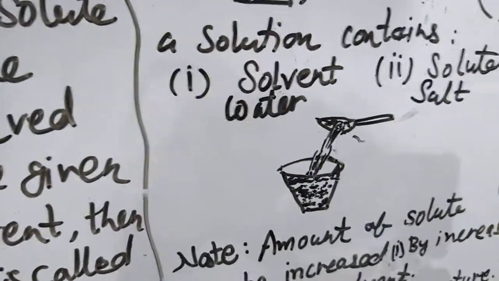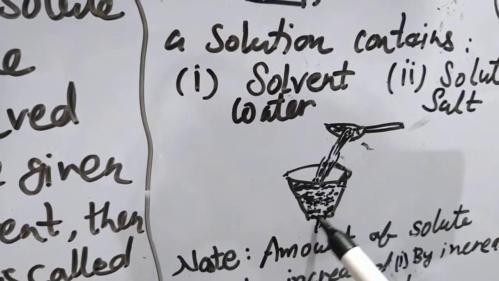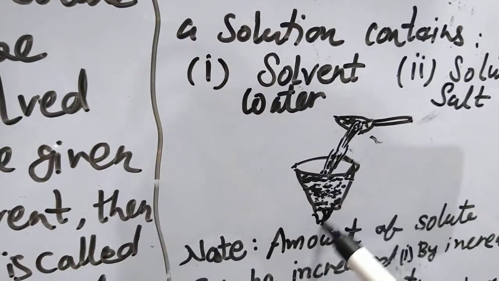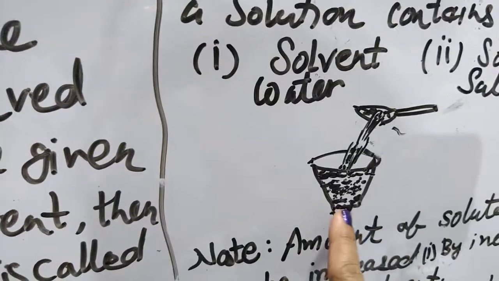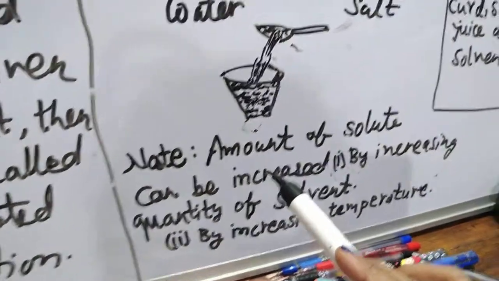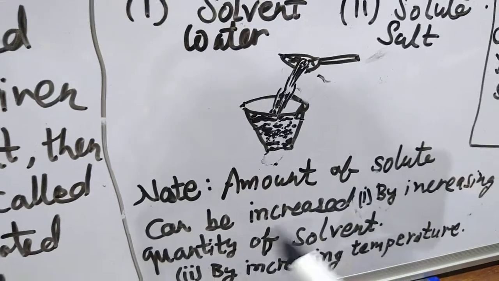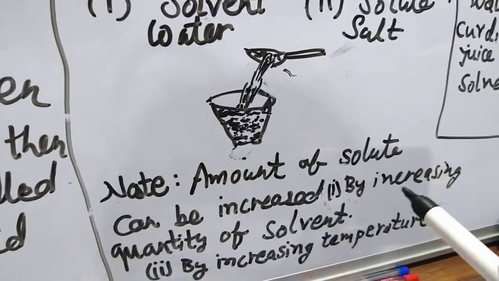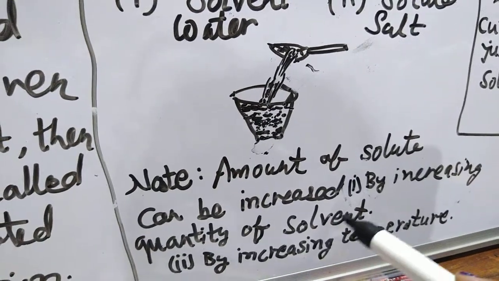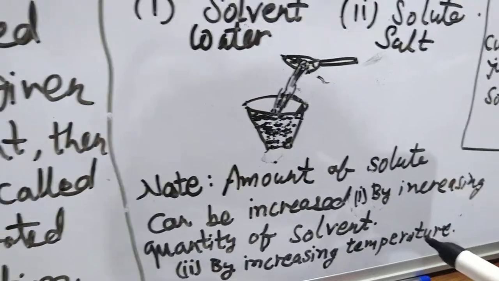And if you increase the temperature, if you heat this solution with the help of a burner, then again you will be able to add more salt. So the point to be noted is that the amount of solute can be increased by increasing the quantity of solvent or by increasing the temperature.